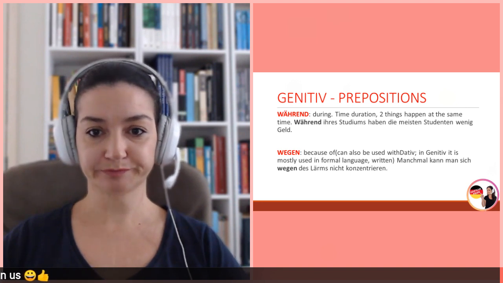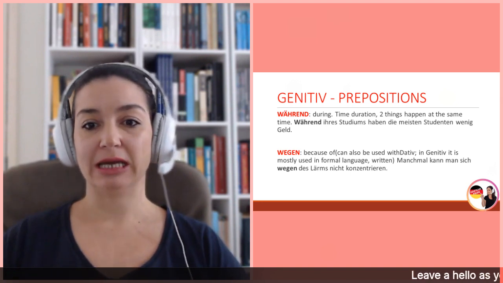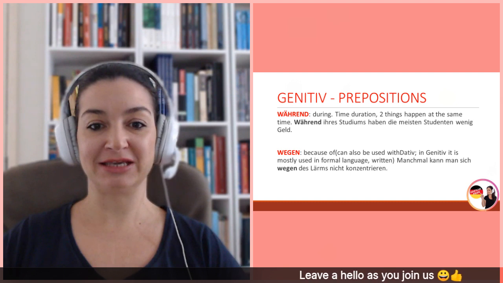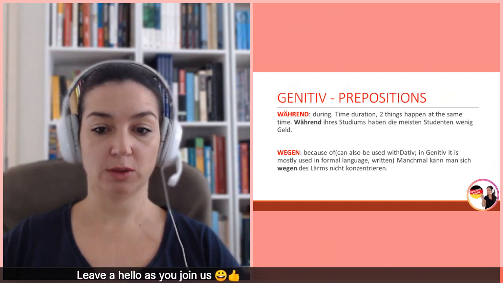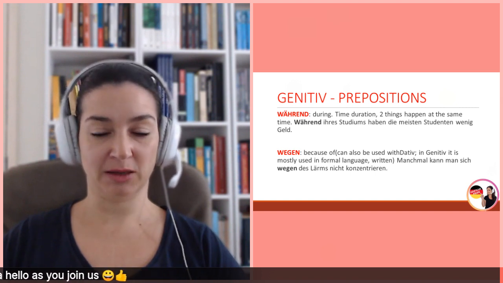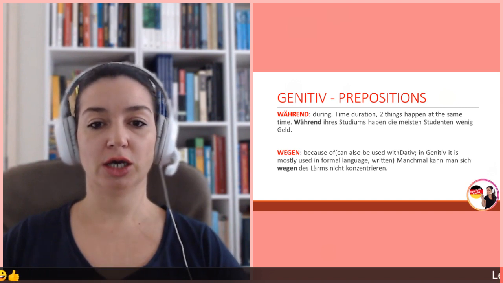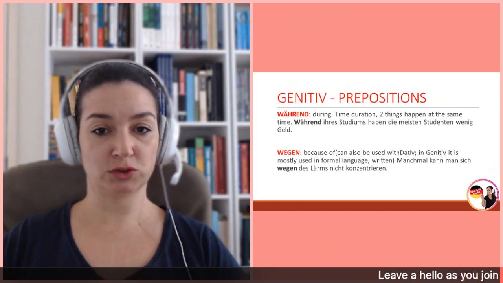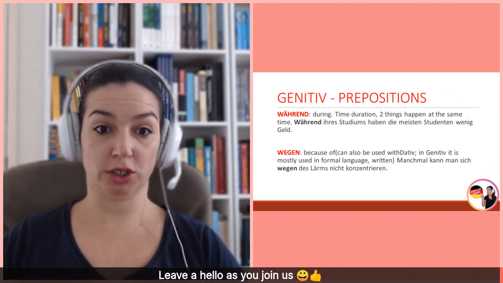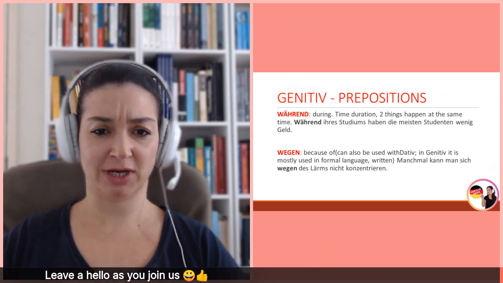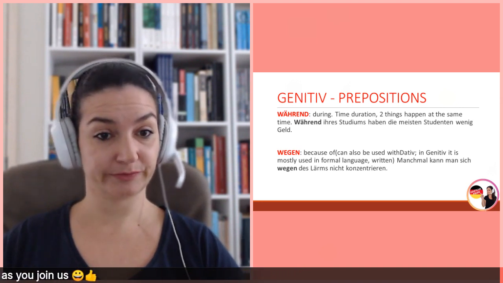Example: Manchmal kann man sich wegen des Lärms nicht konzentrieren. What does it mean? Sometimes you cannot concentrate because of the noise. I think I forgot to say, wegen is because of.